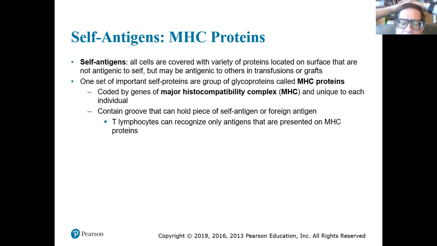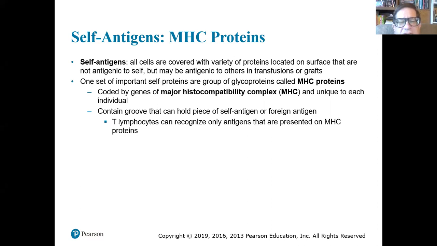They determine your blood type, whether you're type A, type B, type AB, or type O. Those little proteins would be considered self-antigens. One important group of self proteins are glycoproteins, the major histocompatibility proteins, unique to each individual. That's how, if you get an organ transplant or a blood transfusion, your body can say that doesn't belong. We have to get someone who is a good match, with as little difference from you as possible.